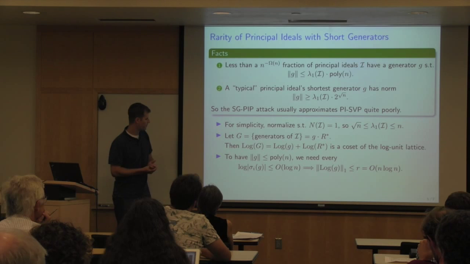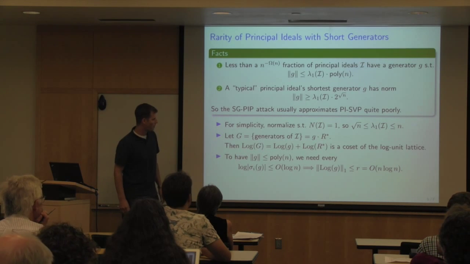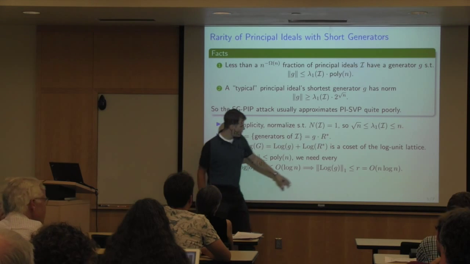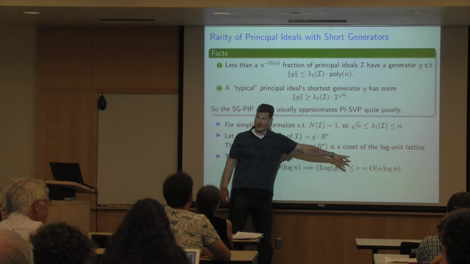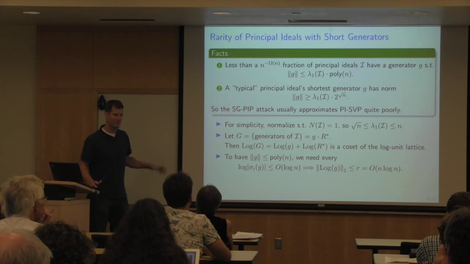Right? So we need log of all these embeddings to be order log n, and therefore the L1 norm of log G will be n log n. Everything okay so far? Too simple?